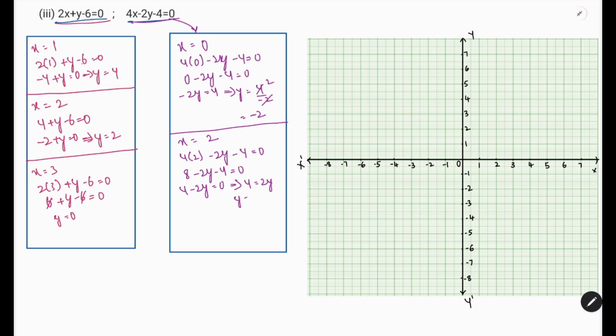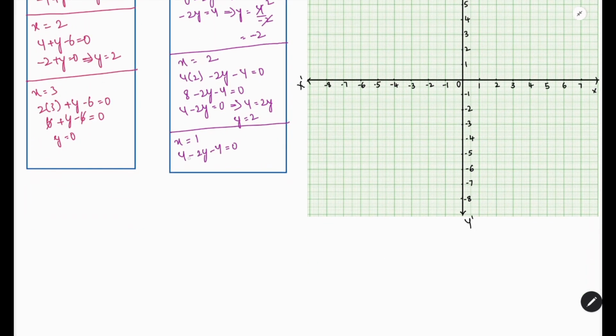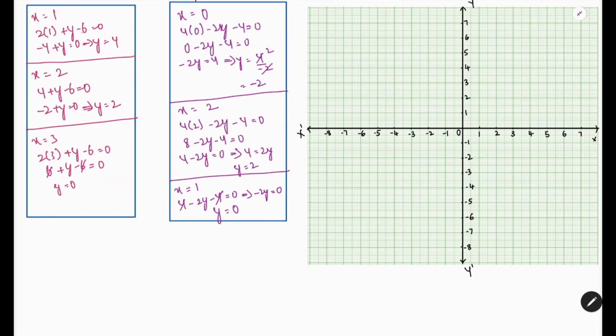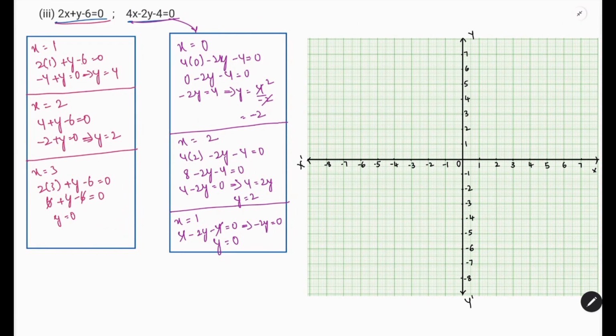So y equal to 4 by 2 is 2. Okay. If you take x as 1, so 4 into 1 is 4 minus 2y minus 4 equal to 0. Here 4 and 4 gets cancelled. Minus 2y is 0. So y is 0. Okay. Now we will represent these values on a graph.